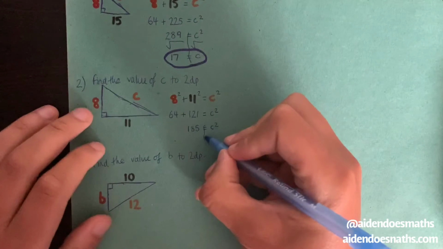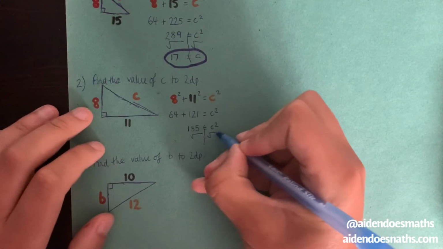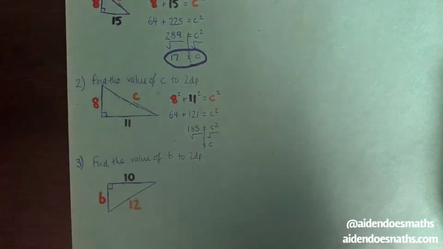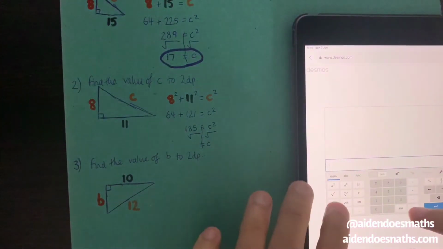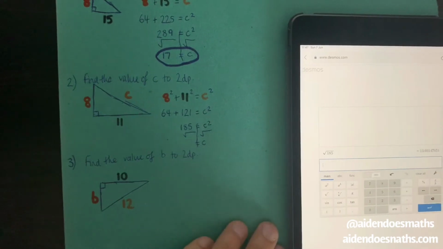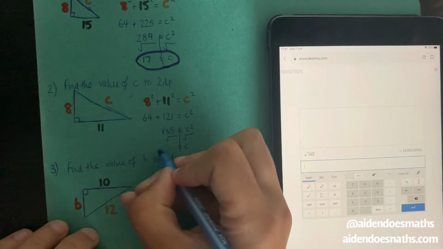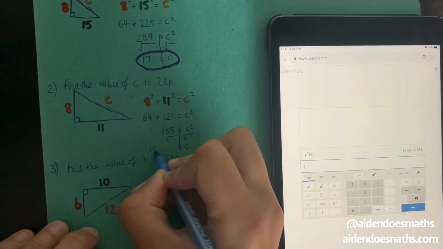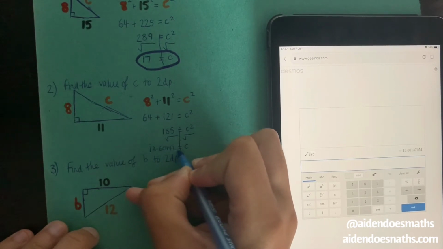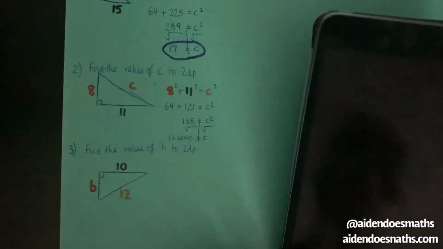And again, we need to square root both sides, so we know we're going to end up with just c. Let's have a look. The square root of 185 gives us 13.60147 and so on.